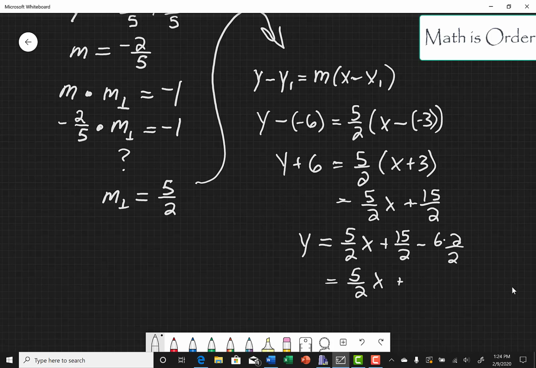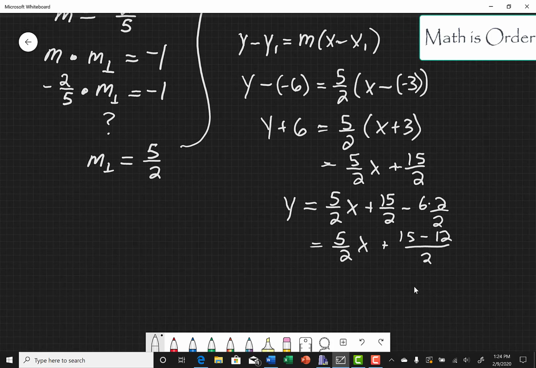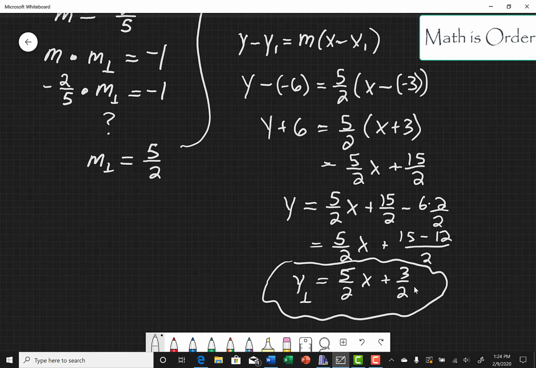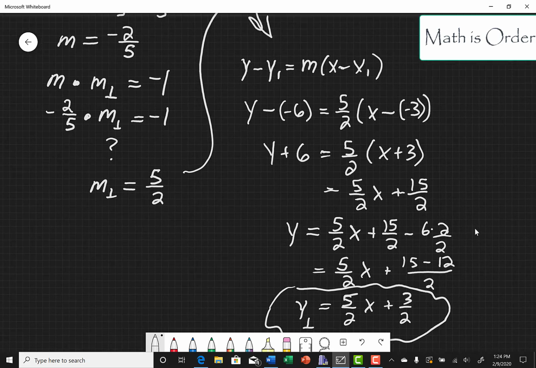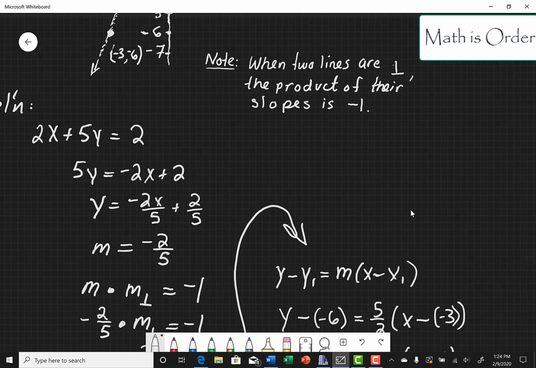And it looks like when we add this, we're going to have y equals 5/2 x plus 3/2. So here is our equation of a line that is perpendicular to that given line.